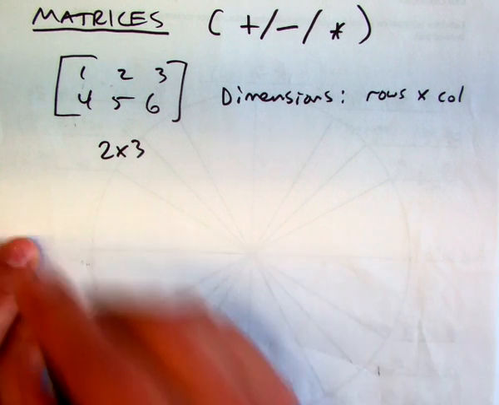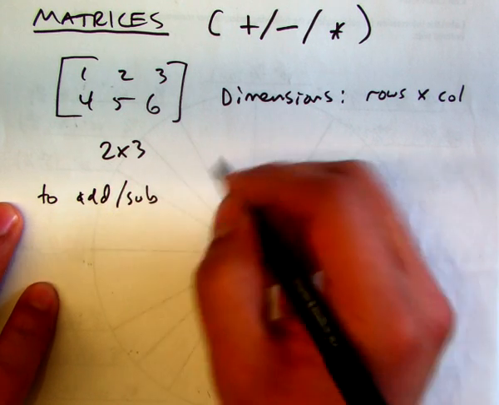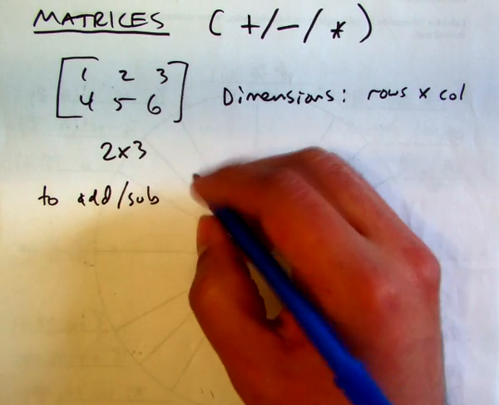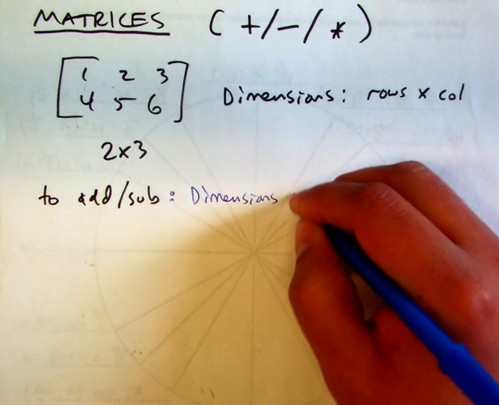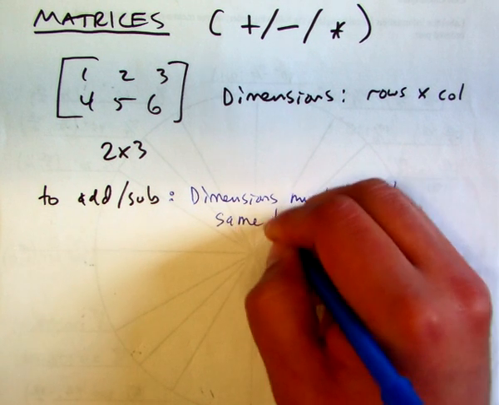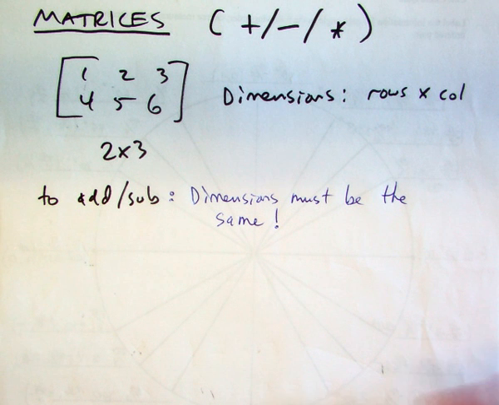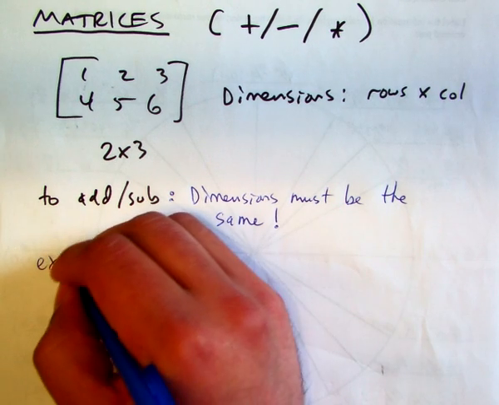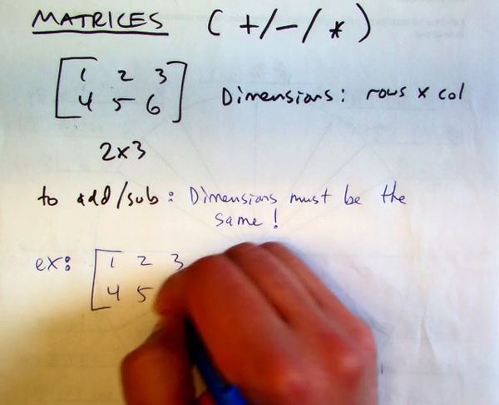So as far as adding and subtracting, the dimensions must be identical. If the dimensions are not the same, then you cannot do the problem. We say it's undefined. And it should make sense to you because if we do a quick example, let's stick with the 1, 2, 3, 4, 5, 6.